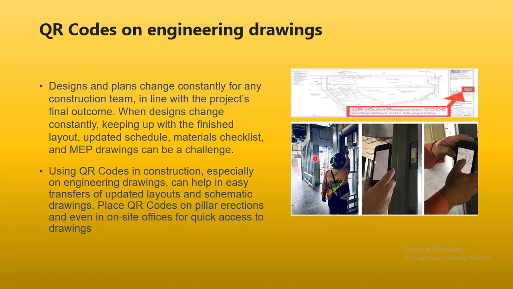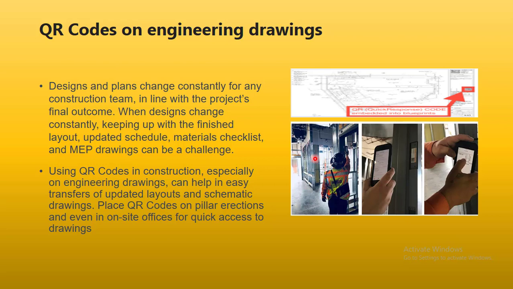Another important application of QR code is on engineering drawings. You can attach a QR code to a drawing, because drawings undergo a lot of changes, and what you have on site might not be the current drawing.